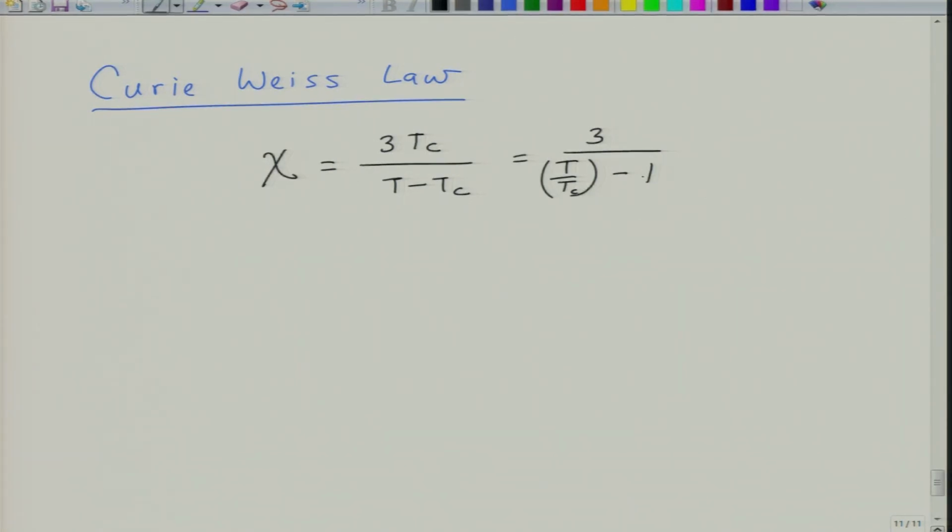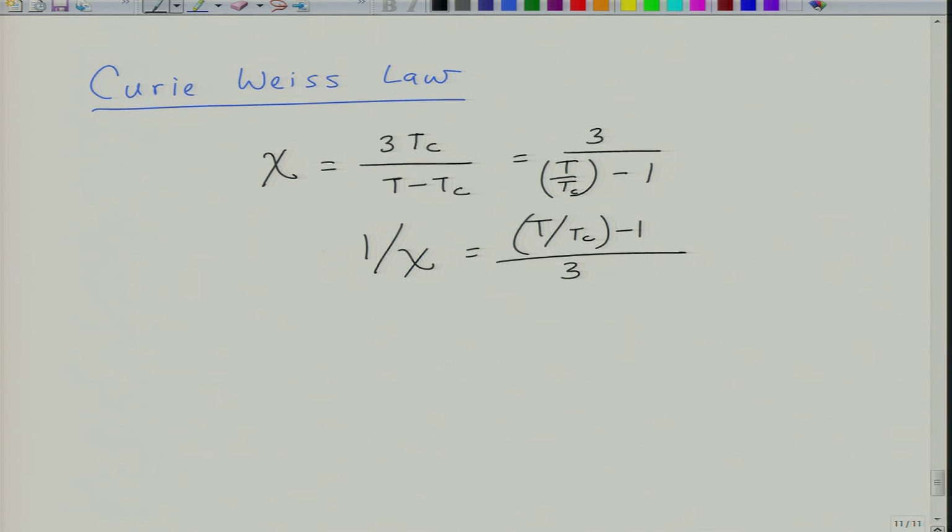Or you can say that 1 over chi is equal to (T divided by Tc minus 1) divided by 3. So this is the behavior that is followed by ferroelectrics. 1 over susceptibility is proportional to temperature.